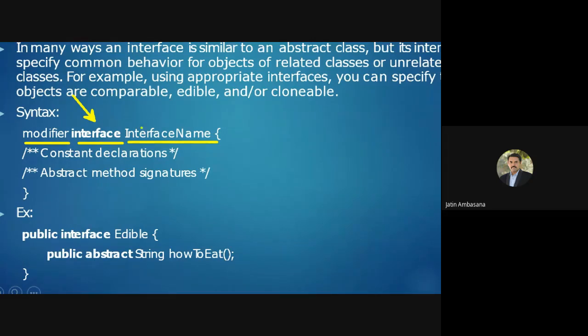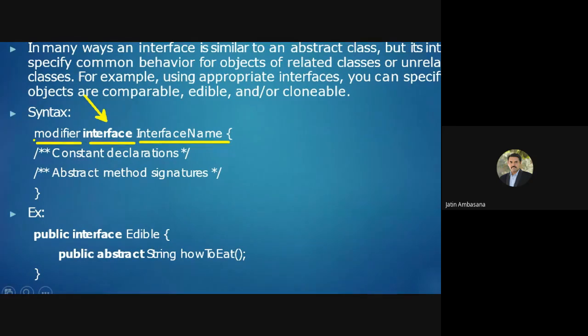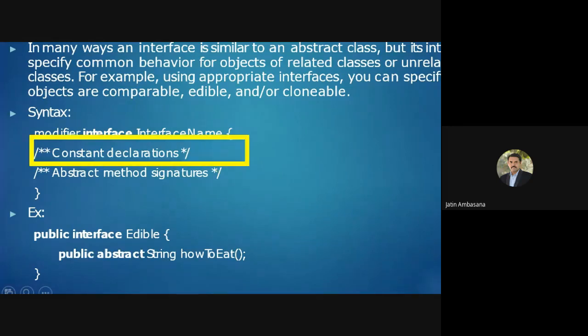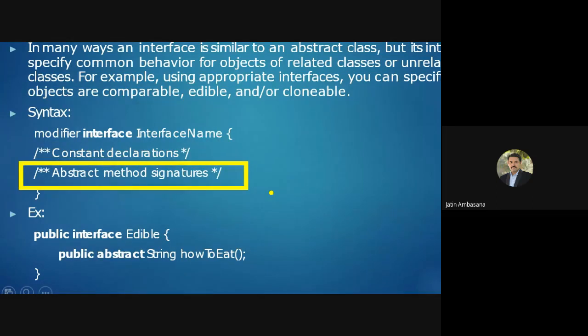But here also, in the same way we have modifier, interface keyword, and interface name. And inside it, what do we have? Constant declarations, no simple variables, only constants, and abstract method signatures. Yes, only signatures, that is only declarations, no definitions at all.